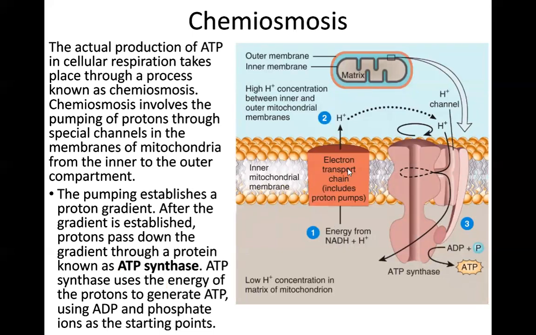The electrons are passed from protein to protein, which enables the hydrogen ions to be carried or pumped into that intermembrane space, establishing a high hydrogen ion concentration here compared to here in the matrix. Okay. This pumping establishes a proton gradient. After the gradient is established, protons pass down the gradient through the enzyme called ATP synthase. ATP synthase uses the energy of those protons to generate ATP using ADP and phosphate ions.